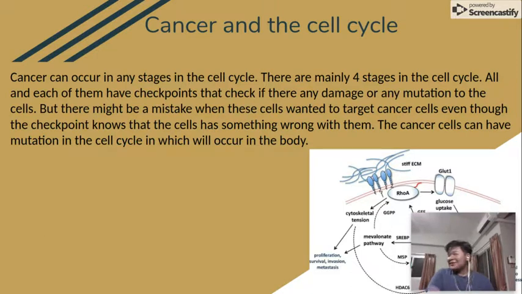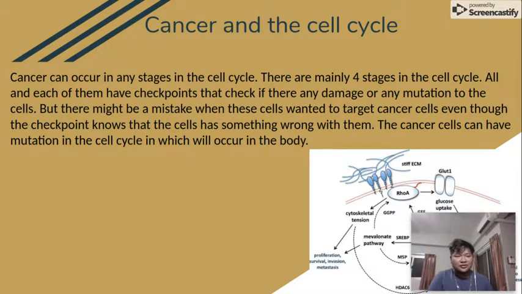The cell cycle and cancer are related because cancer occurs in the cell cycle. It can occur in any of the stages during the cell division process.